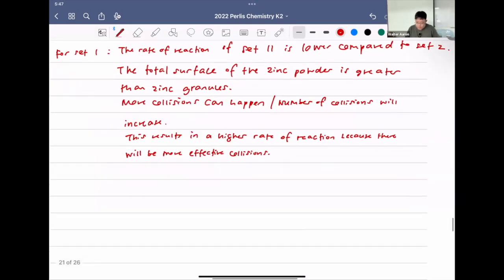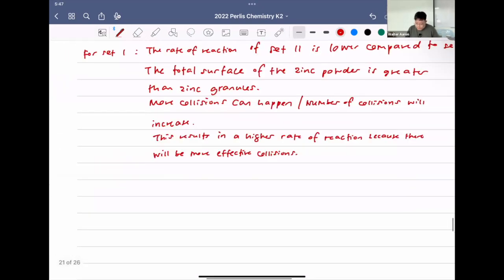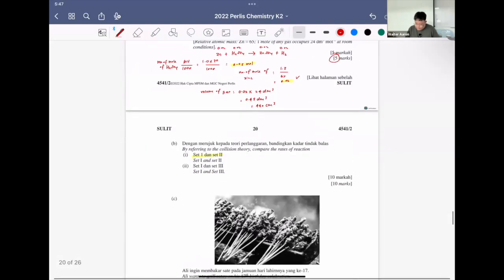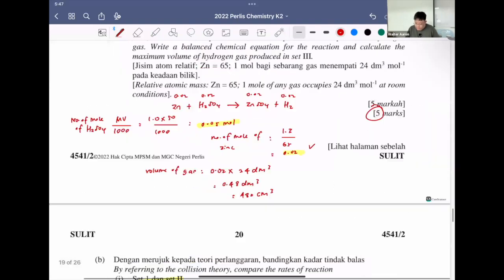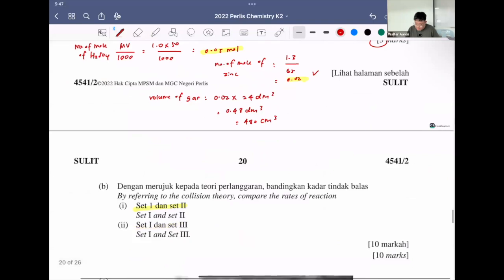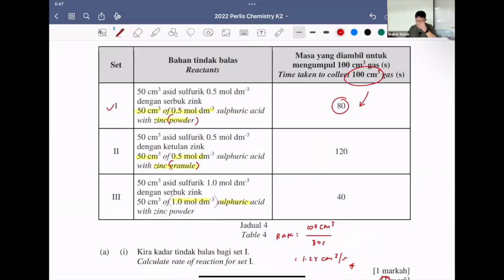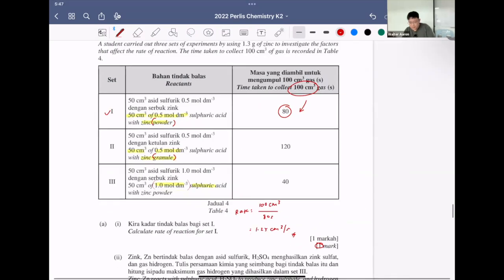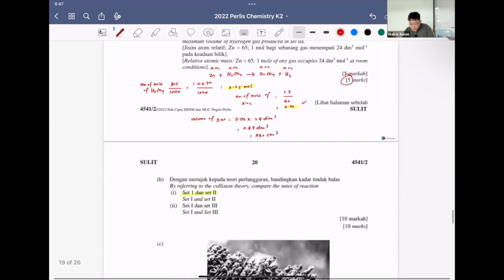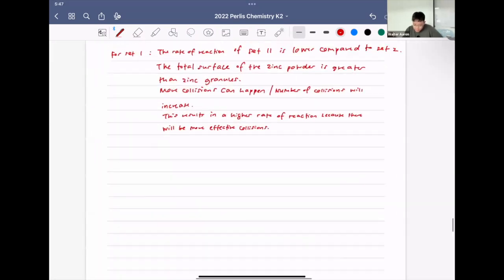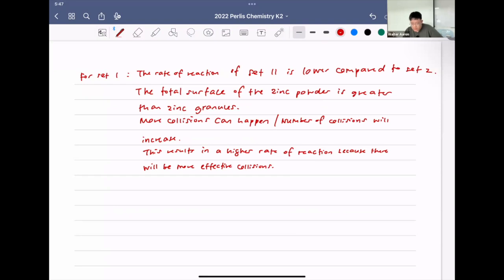But now, about set 2 and set 3. So set 2 and set 2 is set 2 and set 3. Oh, set 1 and set 3. So for set 1 and set 3, now you're using a different concentration of acid. So the higher the concentration, the better lah, in terms of rate of reaction. So you can also explain that technically set 3 has a higher rate of reaction than set 1.